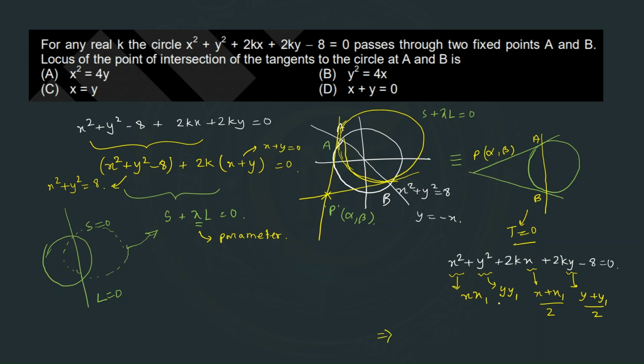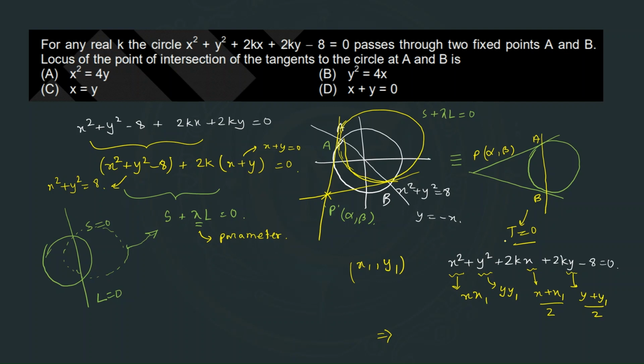And what is x1 and y1? x1 and y1 are the coordinates of the point from where the tangents are drawn. So in this case, x1 is equal to alpha and y1 is equal to beta.